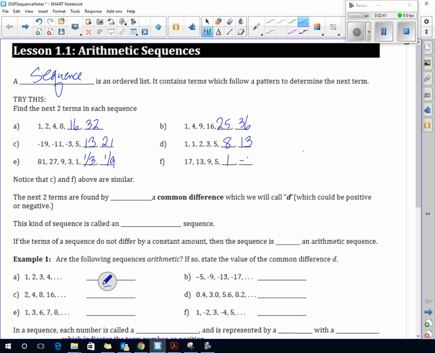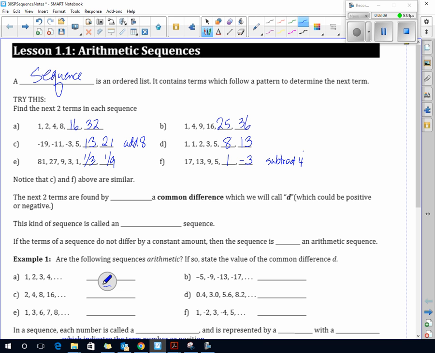Okay, notice that C and F are similar. Why are they similar? Yeah, this one you're adding 8, and what's happening for F? You're subtracting 4. The next two terms are found by finding a common difference.